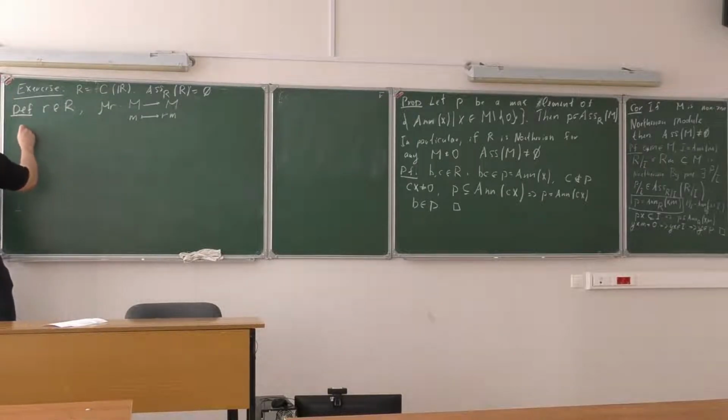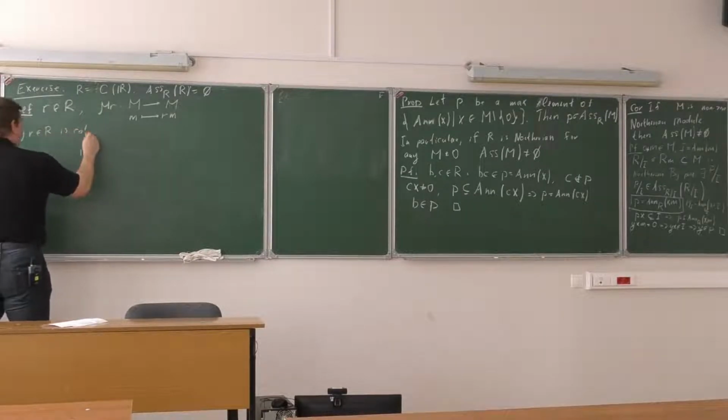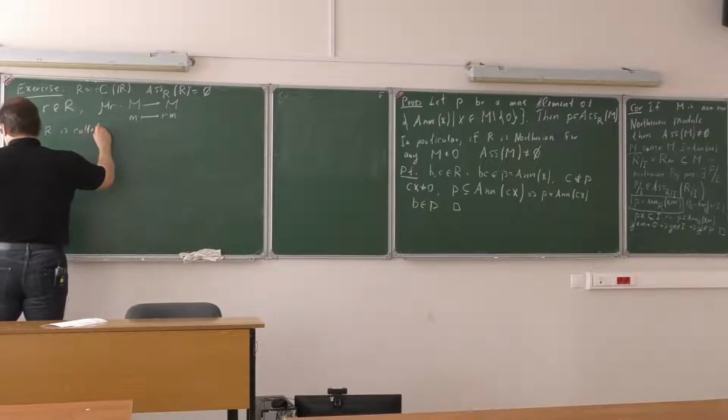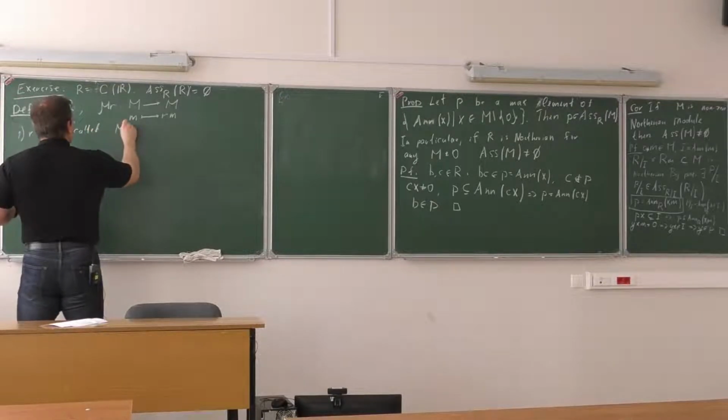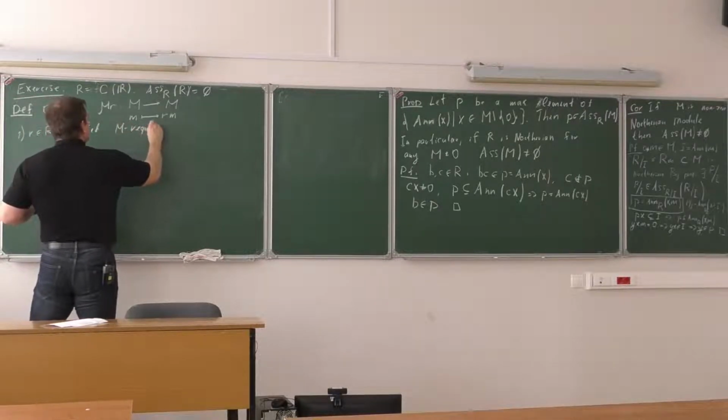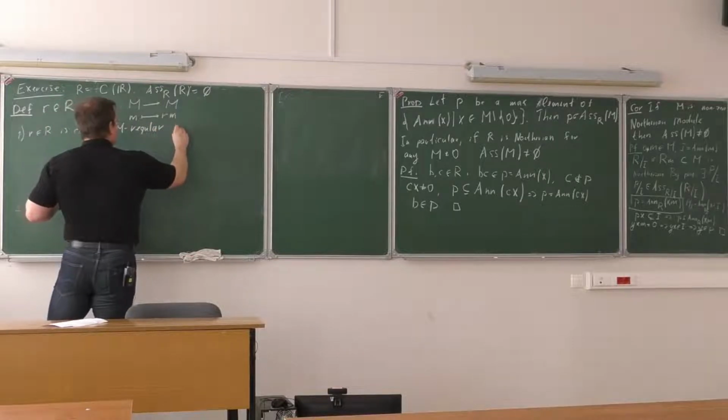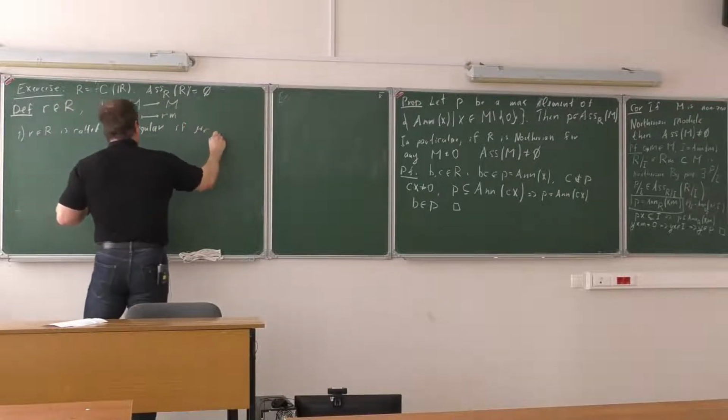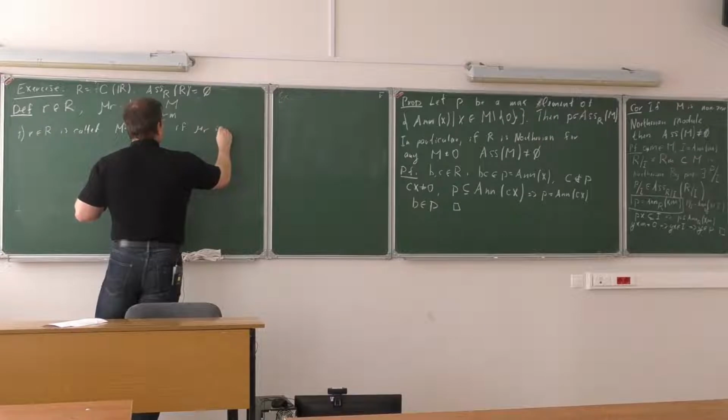So r is called M-regular if the corresponding multiplication map is injective.